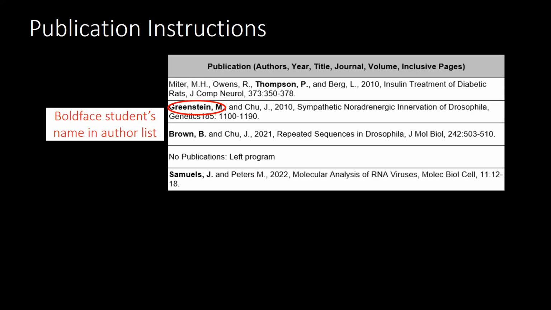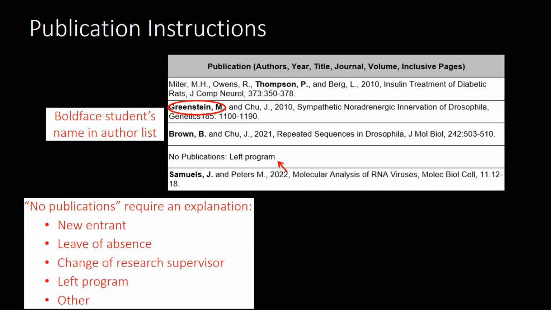So one thing here, you should always boldface the trainee's name. I know some PIs like the PI name bolded too. I personally don't agree with that, but that's more of a programmatic thing.